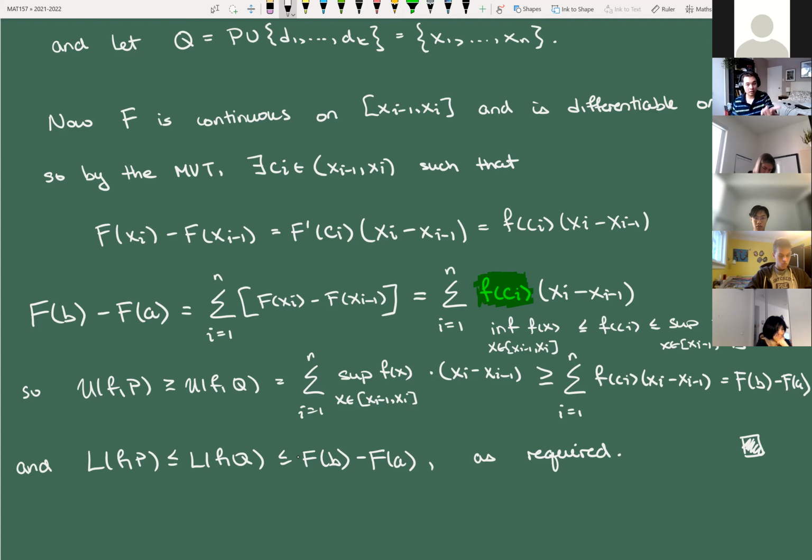Because look at where the c_i's live. They live in that interval. So the infimum of the function on that interval is going to be less than whatever f of c_i is. And the supremum of the function on that interval is going to be greater than or equal to whatever f of c_i is, right? And so F of b minus F of a is always some number in between there.